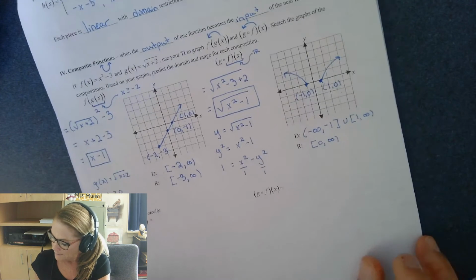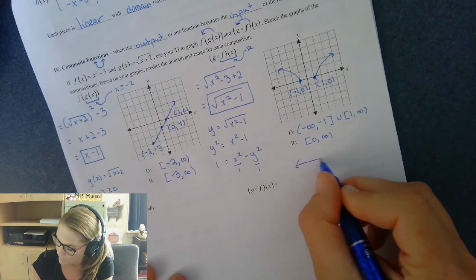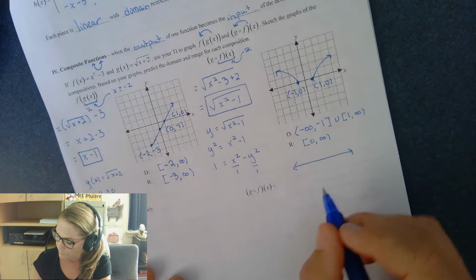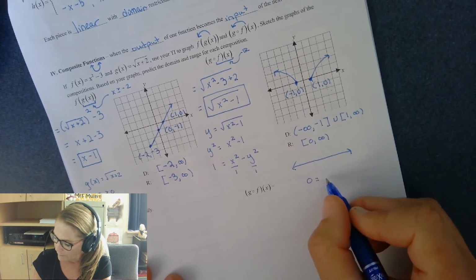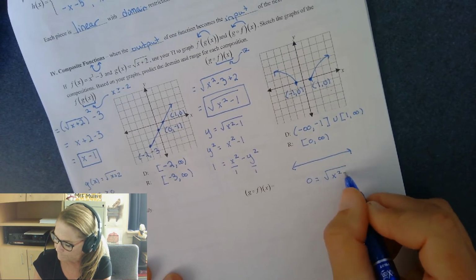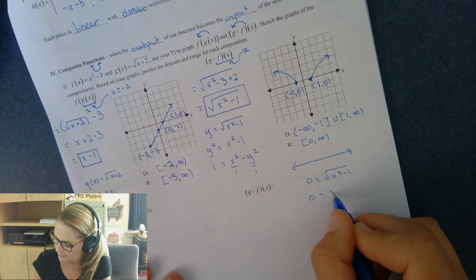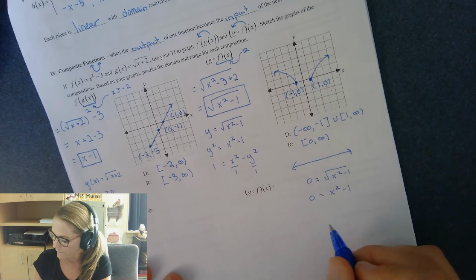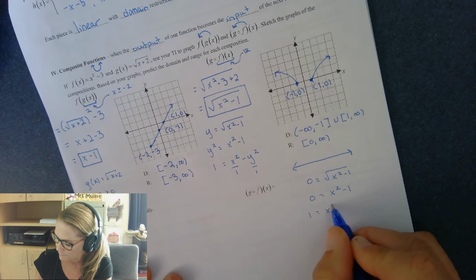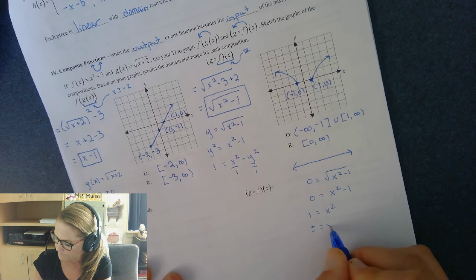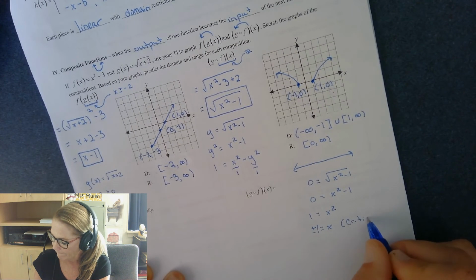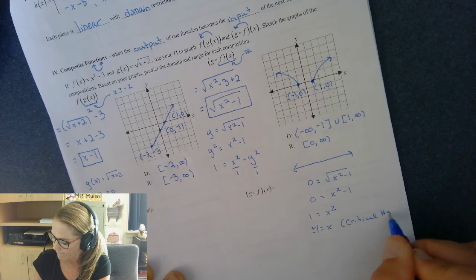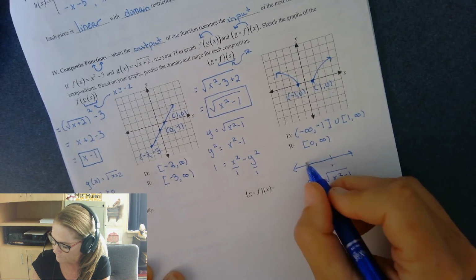All right. So if you were to use region testing, you would have basically set this to 0. You would have squared both sides. You would have gotten these critical numbers of plus or minus 1. You'd have put those here.